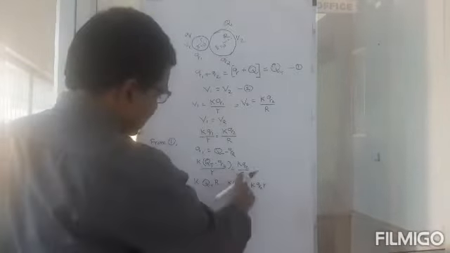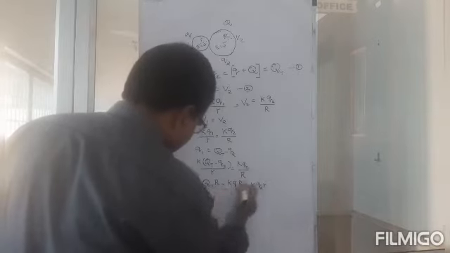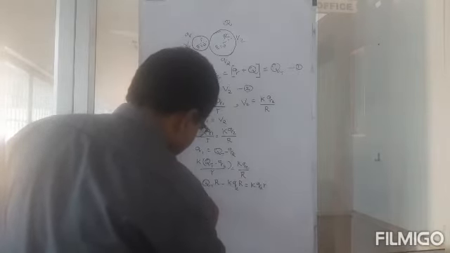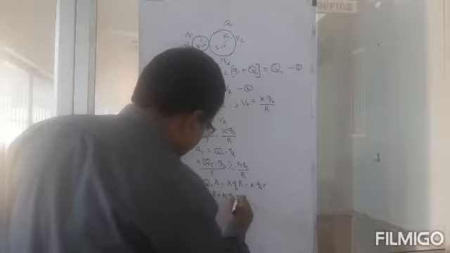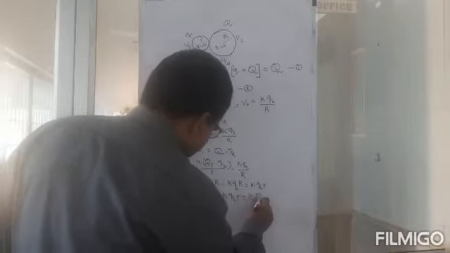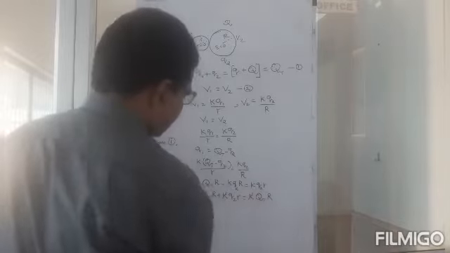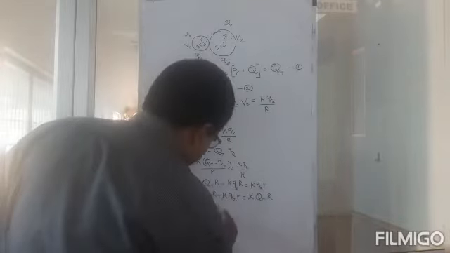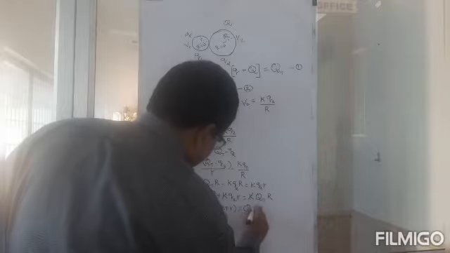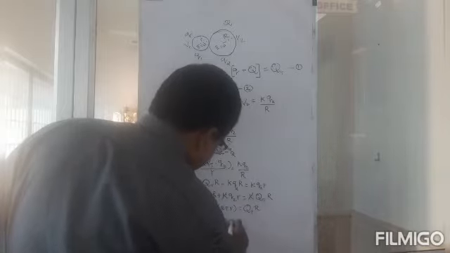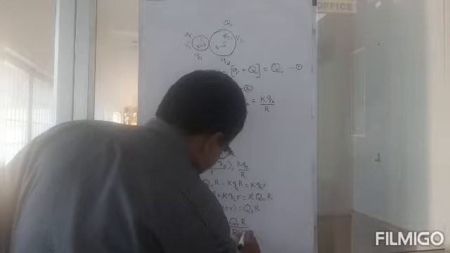Then I can rearrange and get Q2 on one side: K Q2 R plus K Q2 r is equal to K Qt R. I can cancel K. Then Q2 into R plus r is equal to Qt R. So Q2 is equal to Qt R by R plus r.